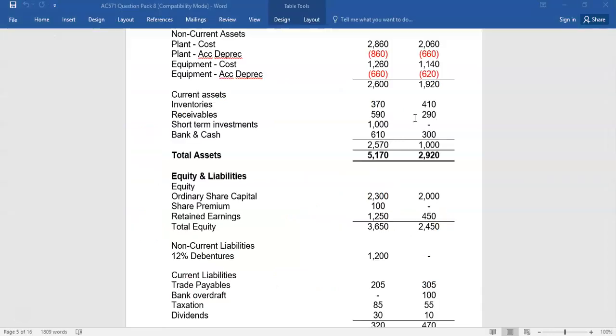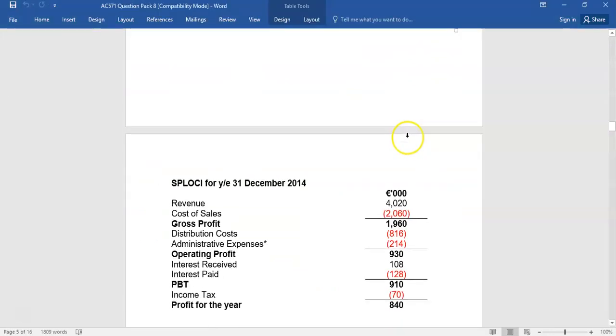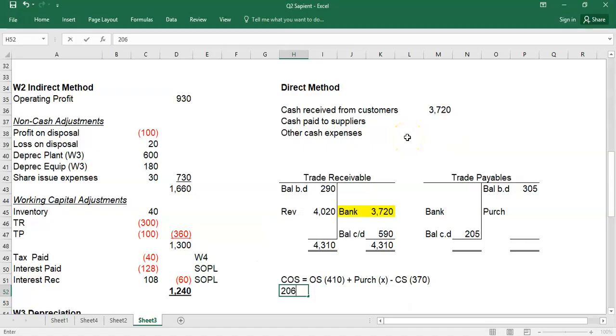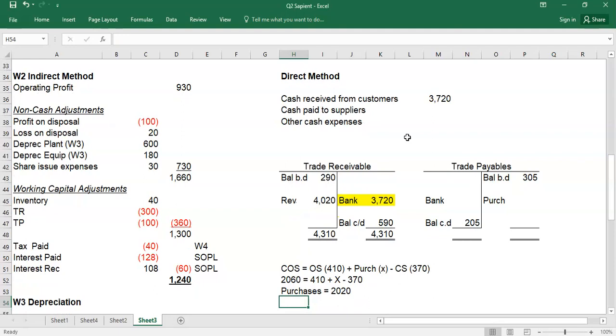So your cost of sales here, which is 2060, so don't mind the negative figure, is 410 plus X minus 370. So your purchases here, which is your X, if you work it out, so 2060, bring the 410 across, minus it, bring the 370 across, plus it, is 2021. So that's how we bring in the inventory.